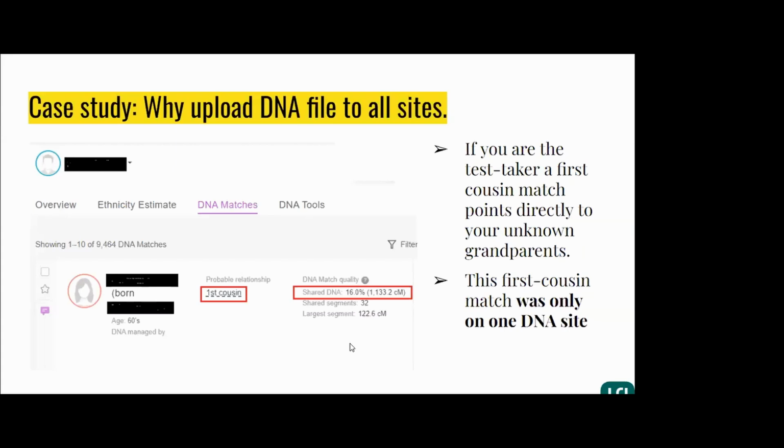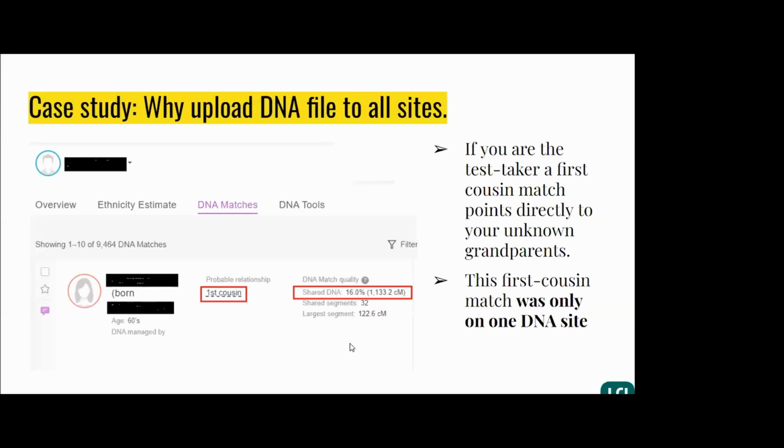So after downloading their file from Ancestry and then uploading it to MyHeritage and waiting for a few days for the file to process, the first person at the top of their match list was a first cousin. There were other ways to identify that it, in fact, was a paternal first cousin. They were living in the United Kingdom. It was the breakthrough moment that we were looking for, and I'll show you why in a minute.